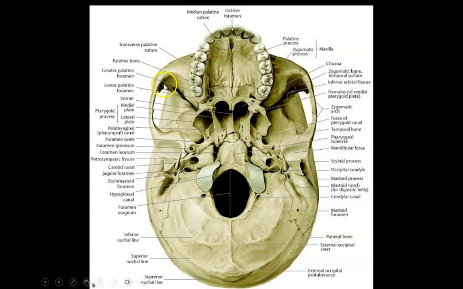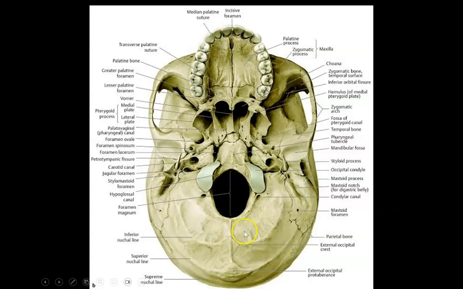This is the zygomatic bone, zygomatic arch, the sphenoid bone, middle fossa, foramen ovale, foramen spinosum, carotid canal in front of the jugular fossa with pars nervosa and pars venosa, occipital condyles, foramen magnum, external occipital protuberance, superior nuchal line, and here the inferior nuchal line, and we call this the external occipital crest.